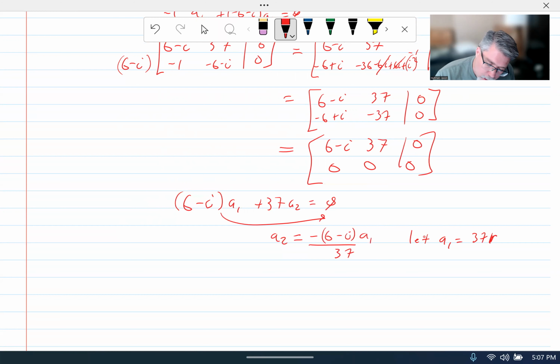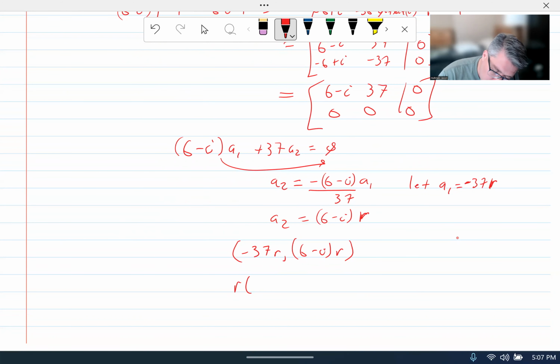Okay, so then what do we get? Maybe I'll let a1 be the negative, because then the negative will cancel out too. I don't have to worry about that negative. So then what's a2? a2 would just be 6 minus i times r, because the negative would cancel out and the 37 would cancel out. So this tells me that a1 is negative 37r and a2 is 6 minus i times r. If I factor out the r, I get negative 37 and 6 minus i.